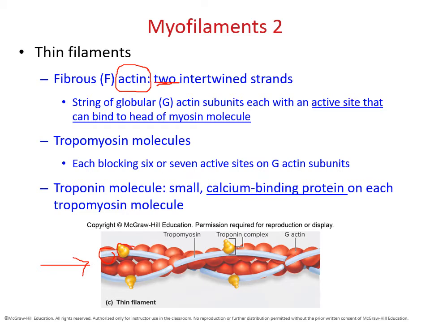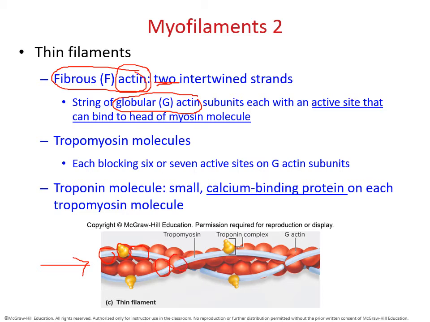Here's where I have to tell you that when you discuss actin, especially from the thin filaments, you have to be able to describe the difference between what we call globular actin with a G and fibrous actin with an F. Globular actin refers to the individual red circles. Think of them like little beads, the individual red balls that you see on the illustration.